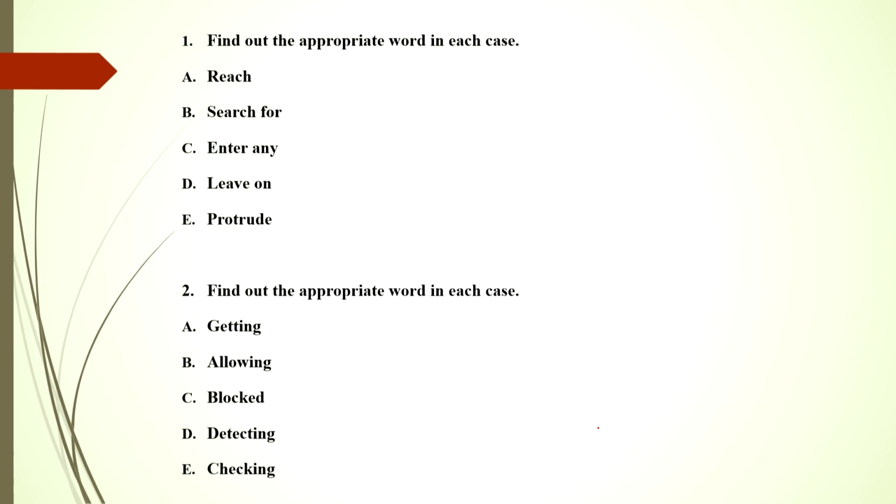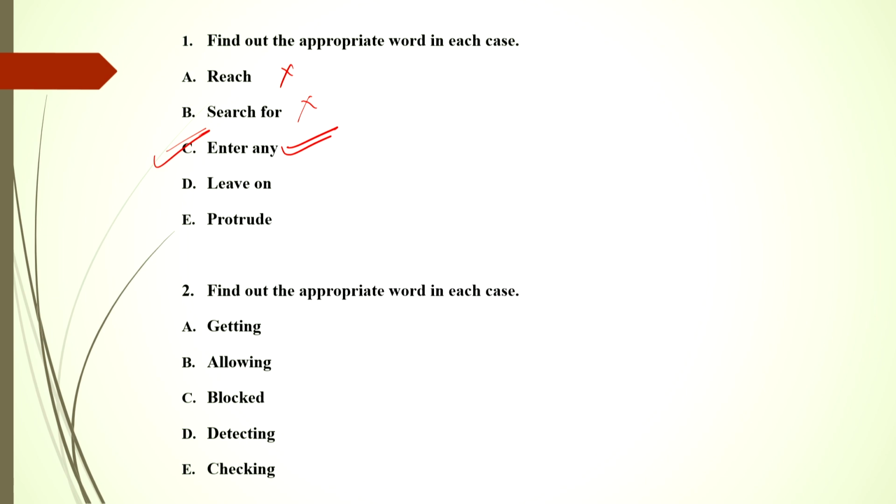Hence, option A is ruled out. Similarly, the phrase search for country will be incorrect. Now, next is enter any. It fits the blank appropriately. Other remaining options are irrelevant. Hence, option C is the correct answer. It fits the blank perfectly.